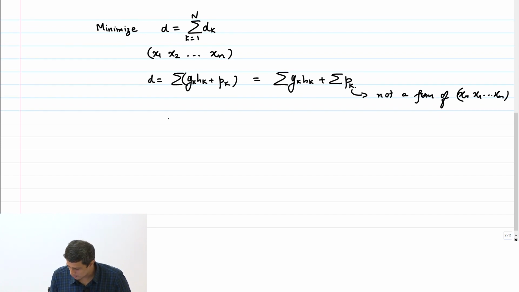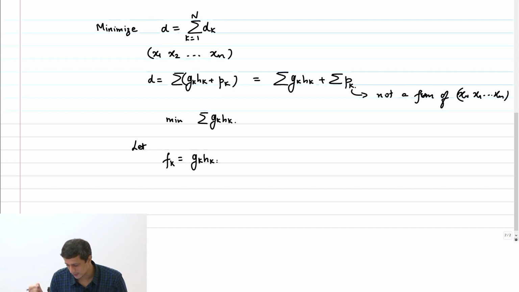So now I want to minimize summation gk into hk. Let fk equal this product, gk into hk. So what is hk?